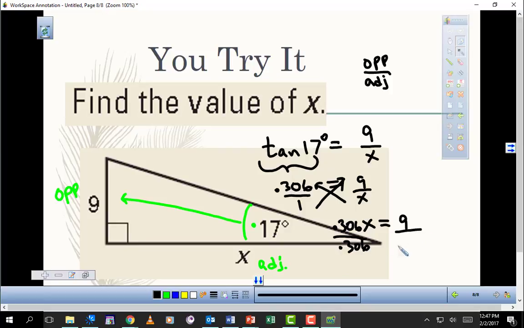Divide this side by 0.306. And I get x is equal to 29. I'm going to go to one decimal place on my final answer, 29.4. Does that work? Yeah. Isn't trigonometry kind of cool?